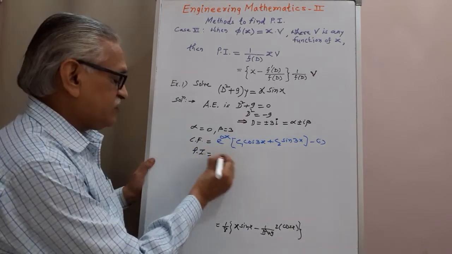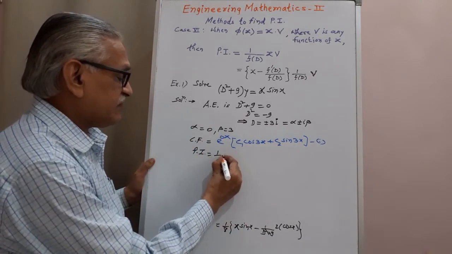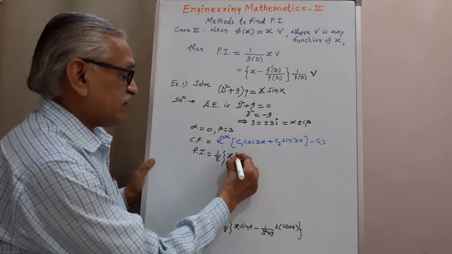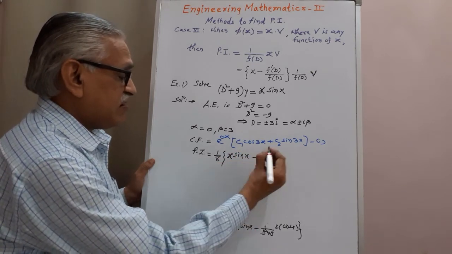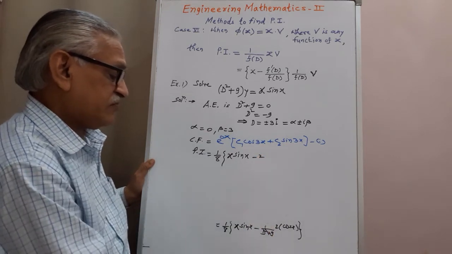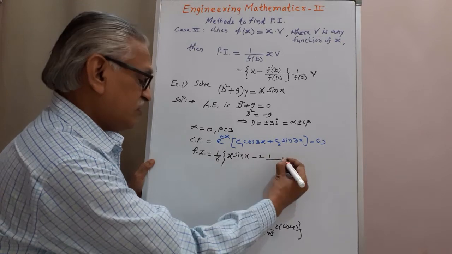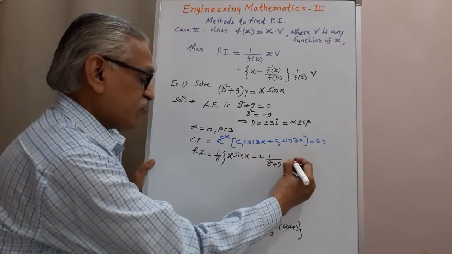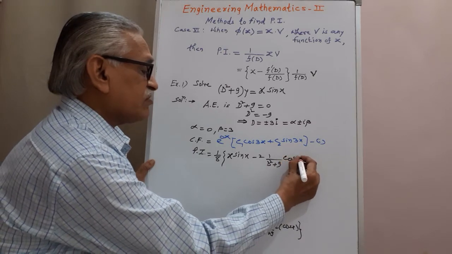Okay. PI is equal to 1 by 8, x sin x as it is, minus 2 times 1 upon D square plus 9, which we have to operate on cos x.